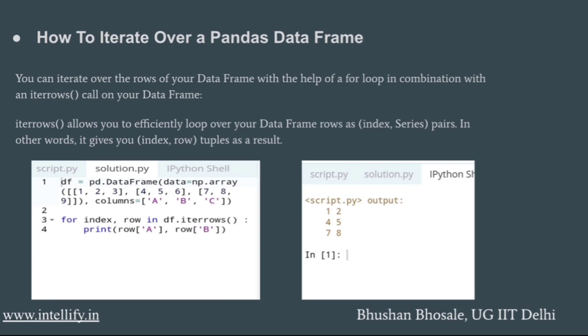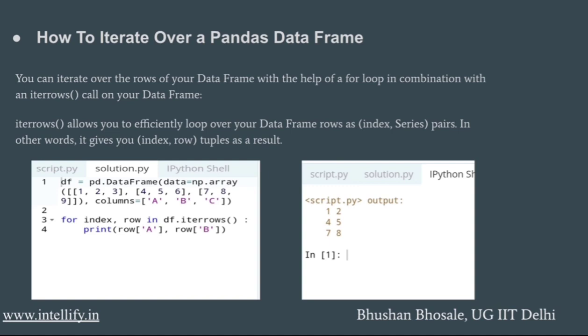So for example, df is equal to pd.DataFrame, and we first create the data frame. So the data frame would be 1 2 3, then 4 5 6, then 7 8 9. Now the third line says for index, row in df.iterrows, print row a, comma, row b.